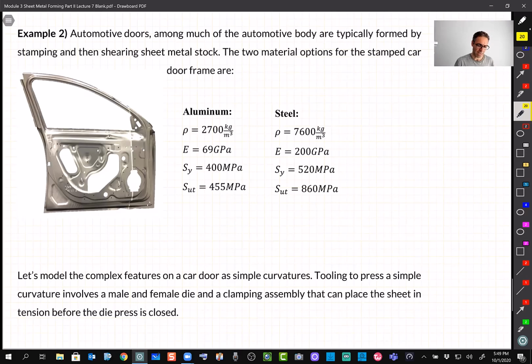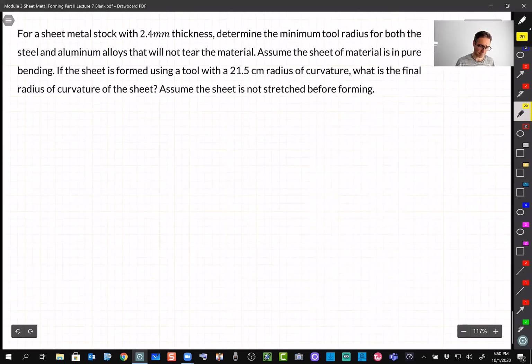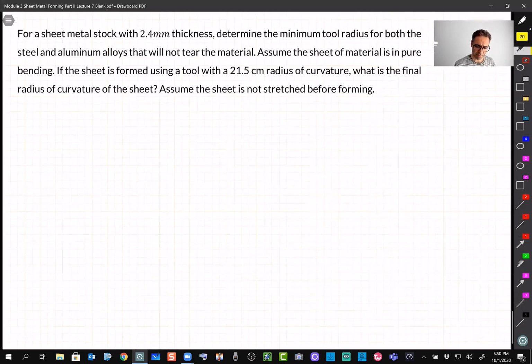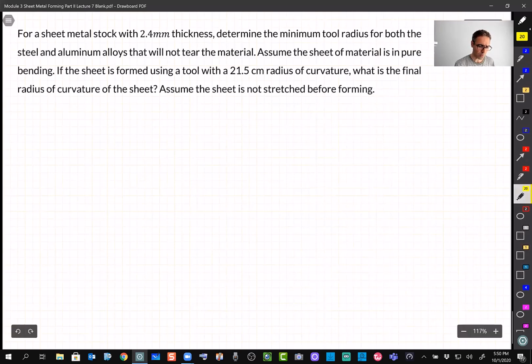In this example, we are testing two different materials. One is aluminum, another one is steel, and we have their properties here. What we want to answer is on the next page: the plate that we use is 2.4 millimeters, all right?